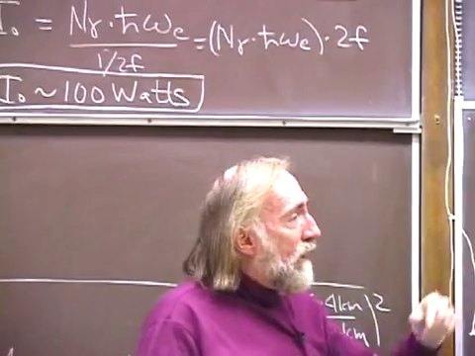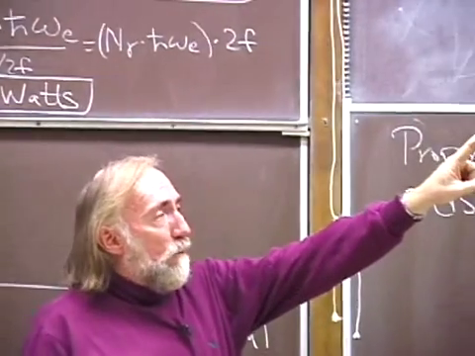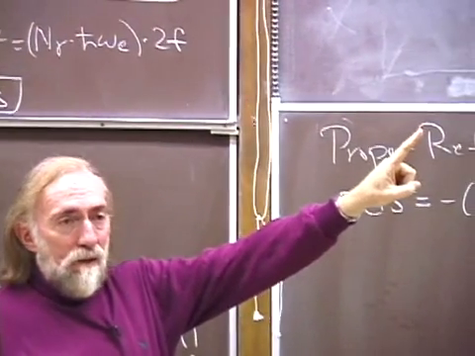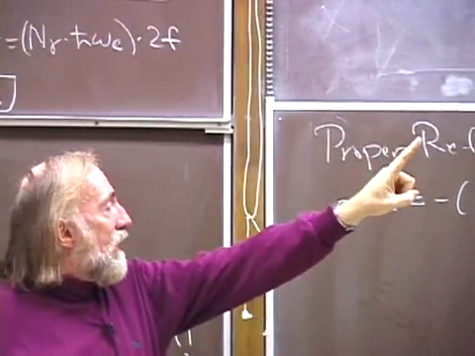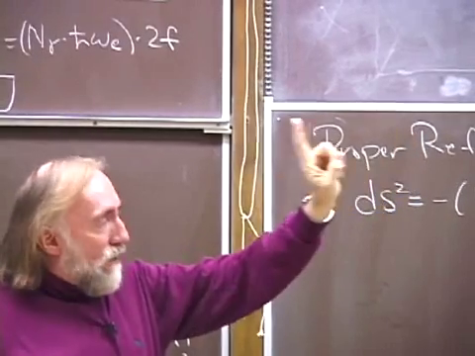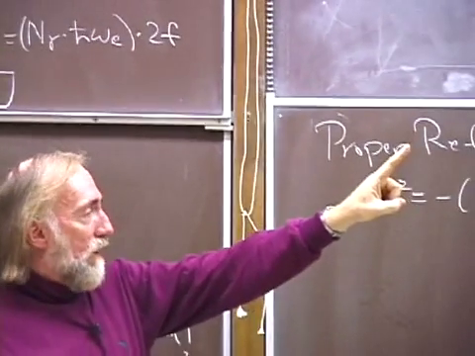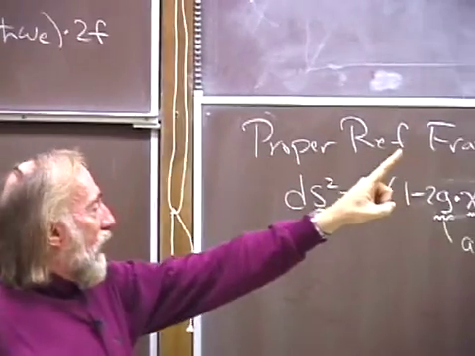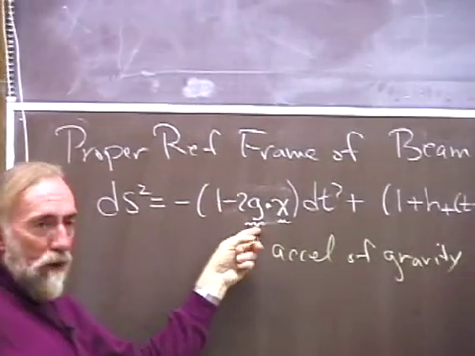If the direction from which the waves are coming is the z direction, or they're propagating in the z direction, and I just orient my coordinates in that manner, then for the plus polarization, the metric takes this form.